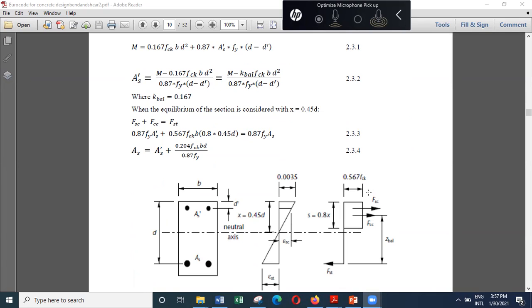So the horizontal forces are Fsc and Fcc, and these two forces, compression in concrete, compression in steel, should be equal to tension in steel. So tension in steel is 0.87 times Fy times area, force, stress times area.